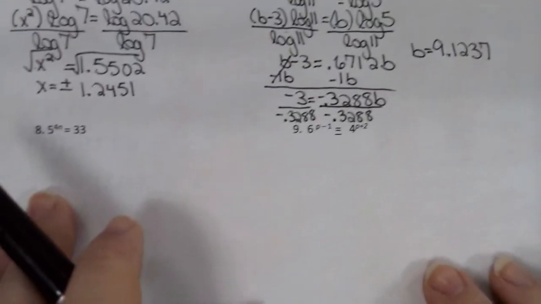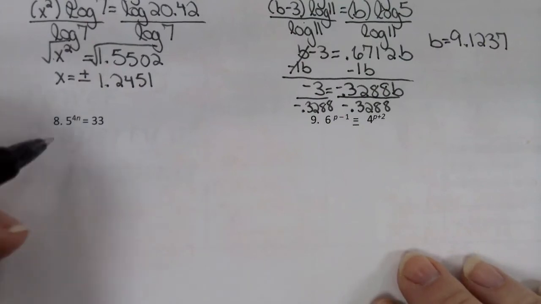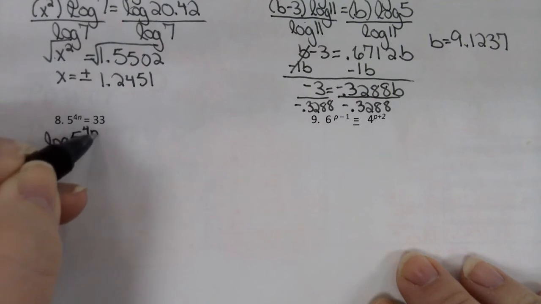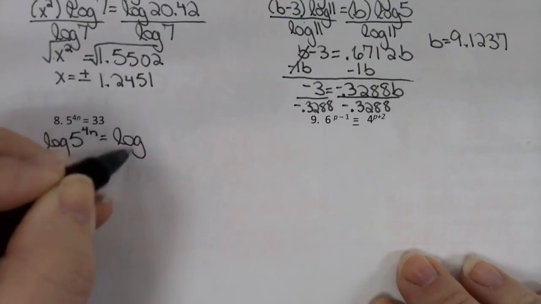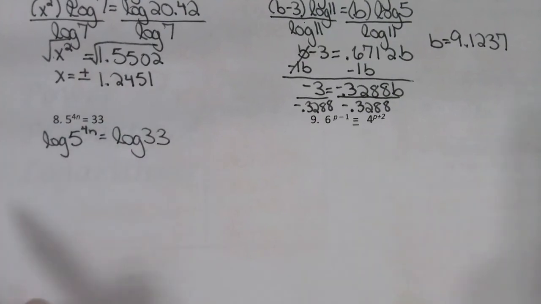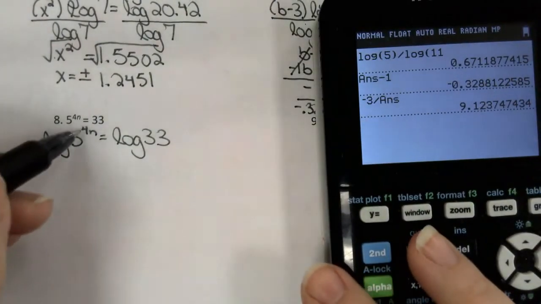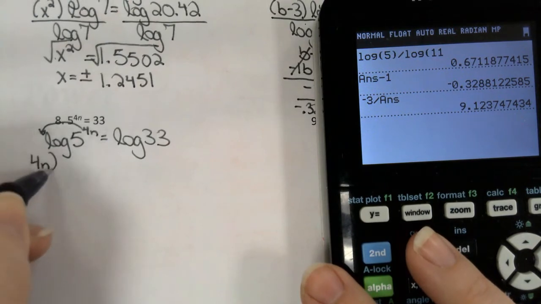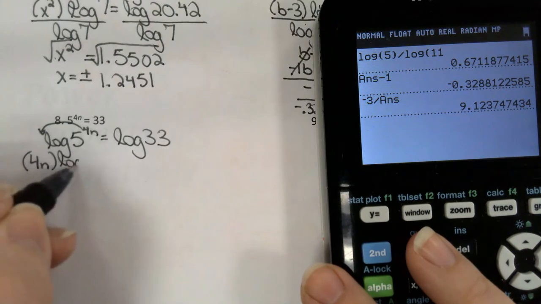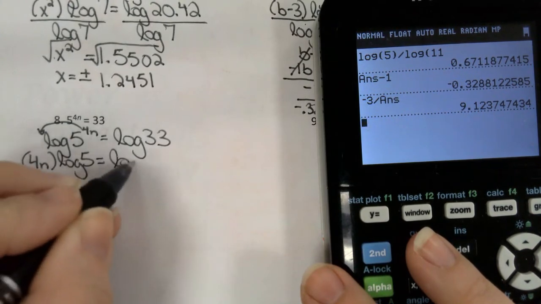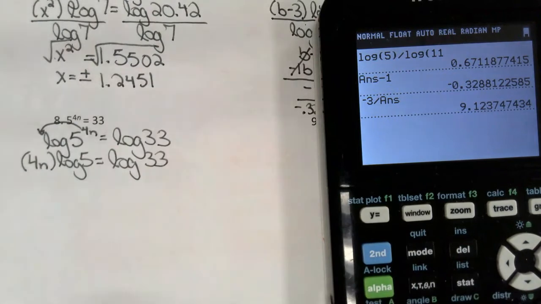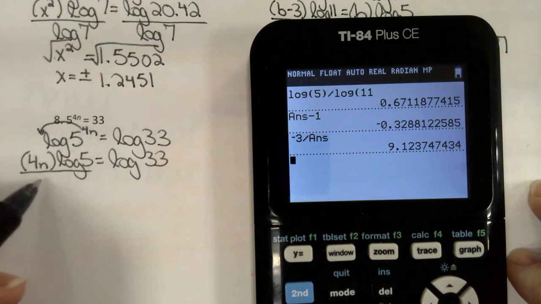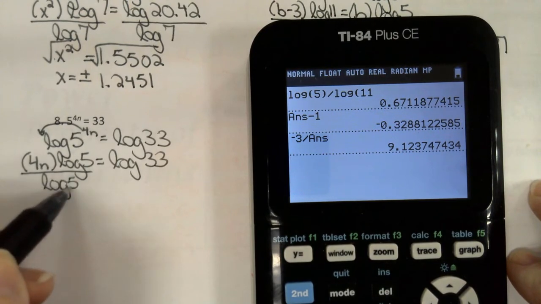Number 8, we'll take the log of both sides. Log of 5 to the 4n equals log of 33. That 4n we know goes to the front, and we'll put it in parentheses. Now I need to get that 4n by itself, so I'm going to divide both sides by log of 5.